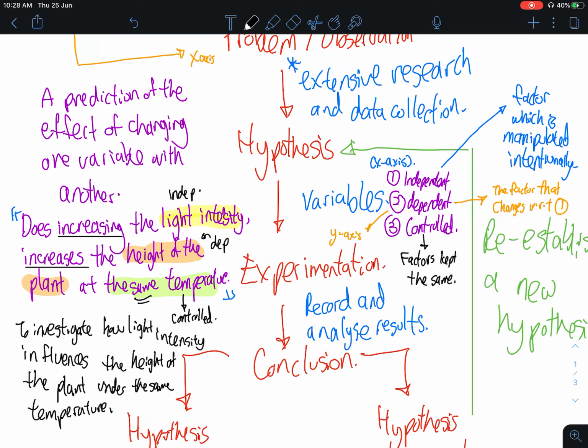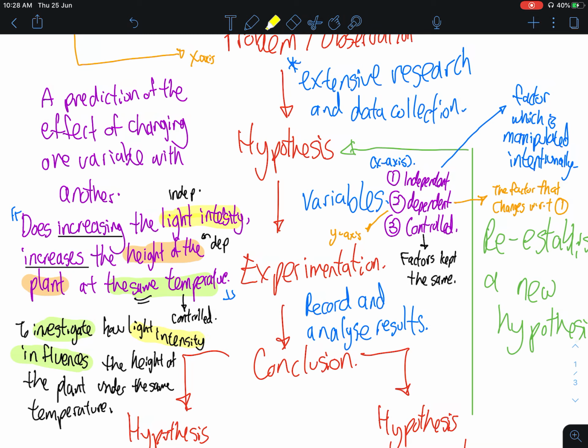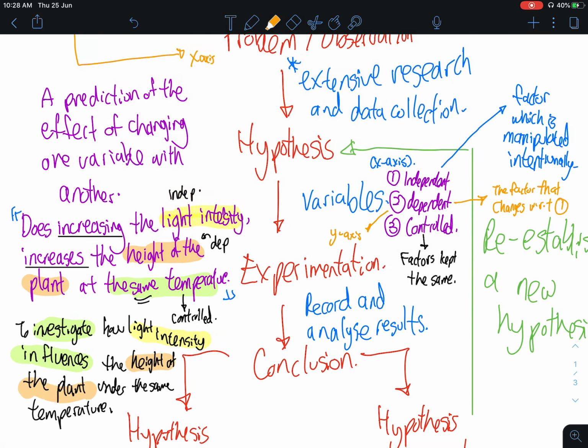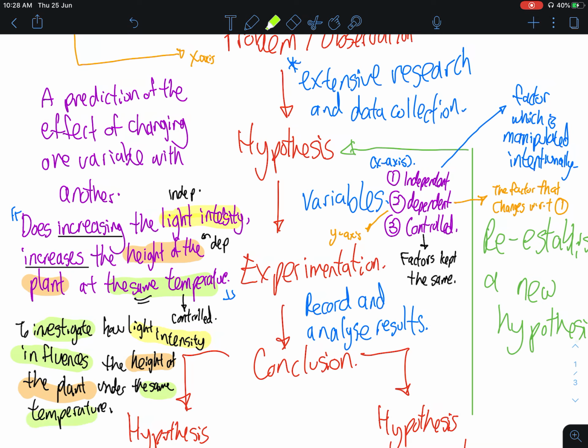So you see what you did was you just changed the words on it. So usually you can use the word investigate, you can use the word influence, but it should also include your variables like light intensity, which is the independent variable, the height of the plant, which is the dependent variable, and lastly, the temperature, which is the controlled variable. And this will be a complete one.